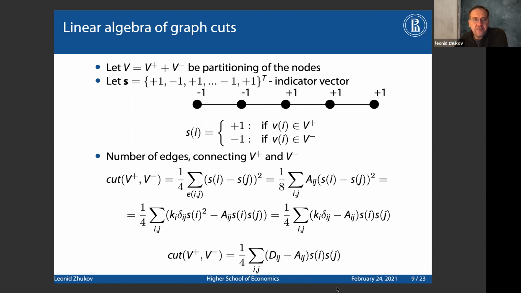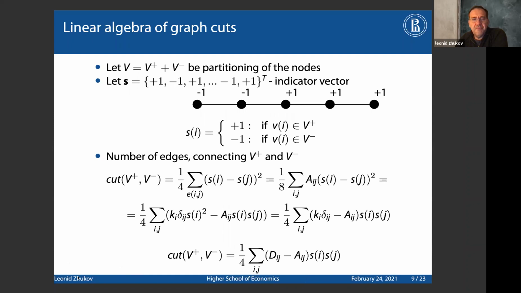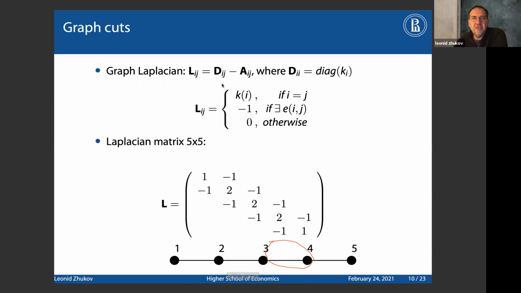So next step. What? Well, there are a couple of things. First of all, this matrix, Dij minus Aij, so diagonal minus adjacency, has its own name, and it's called the graph Laplacian.